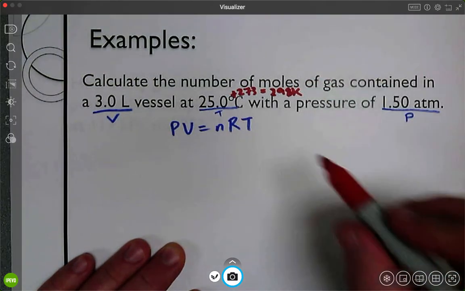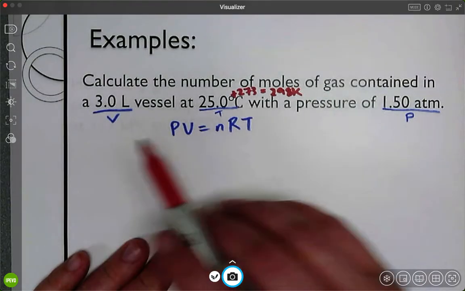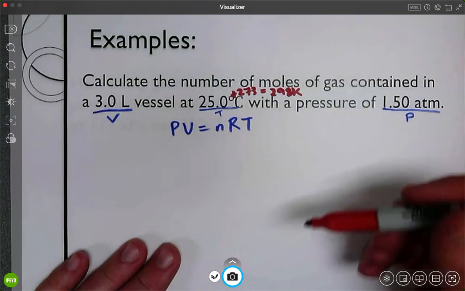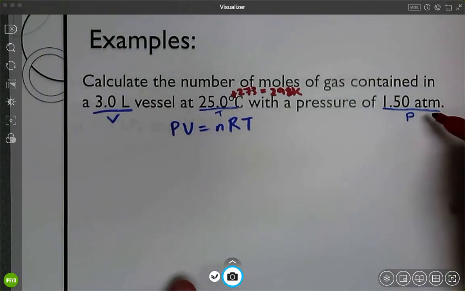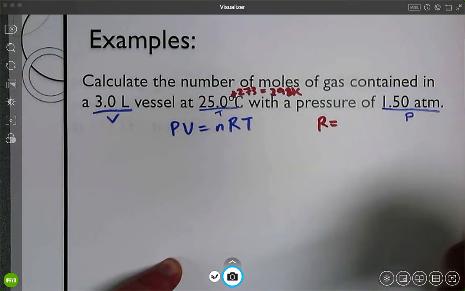So we have our temperature in Kelvin, we have our pressure, we have our volume. The only thing we don't have besides moles is our R value. Looking up on those things that I just had on the slide, you should have written them down in your notes. Since my pressure is in atmospheres, I'm going to use the R value which has the unit of atmospheres.